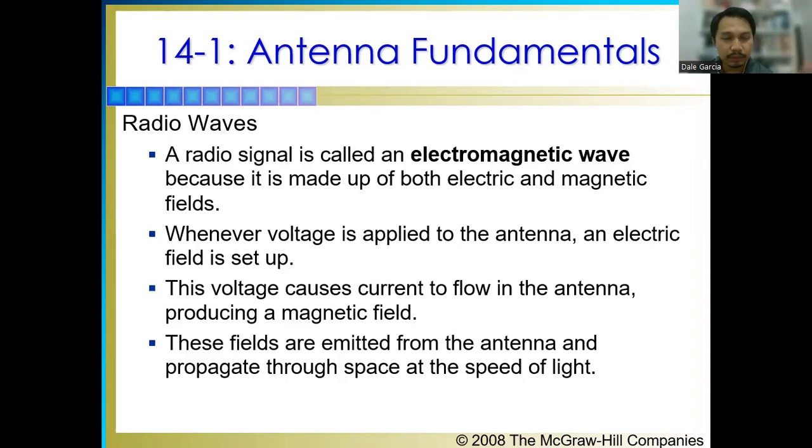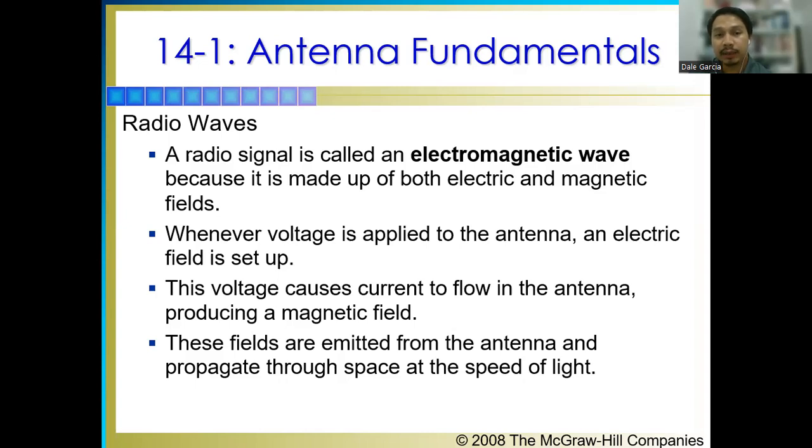Radio waves run from kilohertz to a few gigahertz. But in general, radio wave just means an electromagnetic wave. A radio signal is called an electromagnetic wave because it is made up of both electric and magnetic fields.